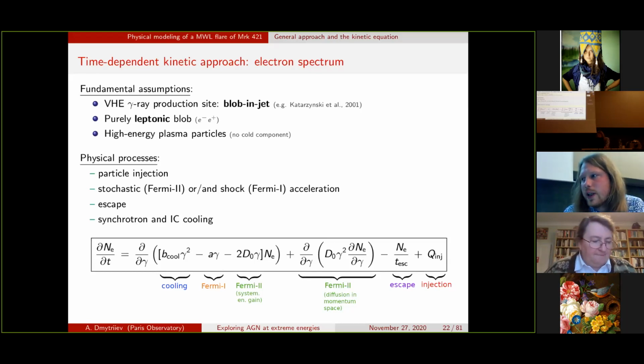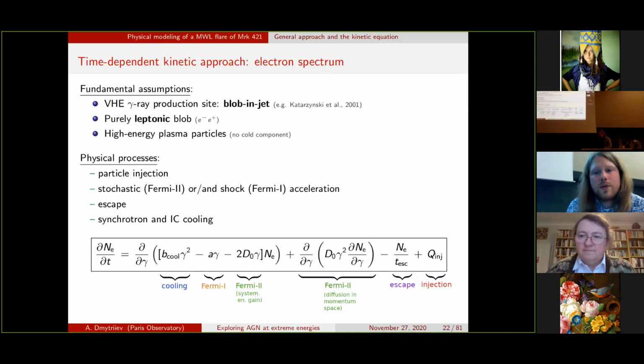We treat flares as a perturbative effect, whereas other authors assume this is a purely stochastic effect, so you cannot apply the same model. In my model, in the low state you don't have these Fermi 2, Fermi 1 terms, and then you suddenly switch them on when you have acceleration.